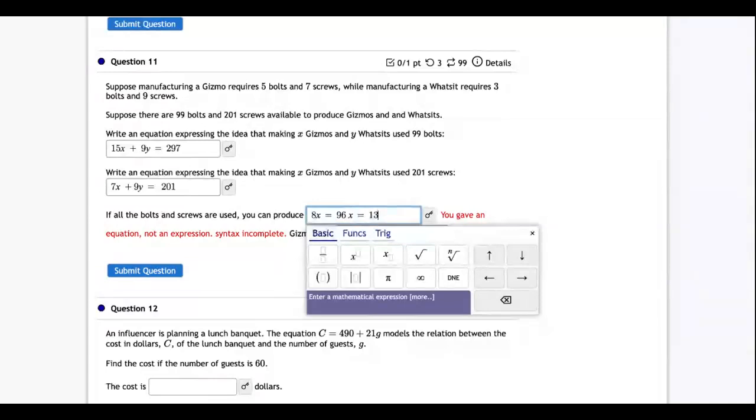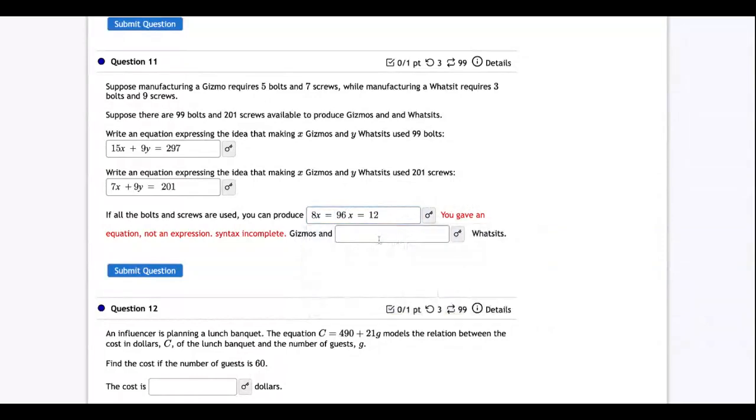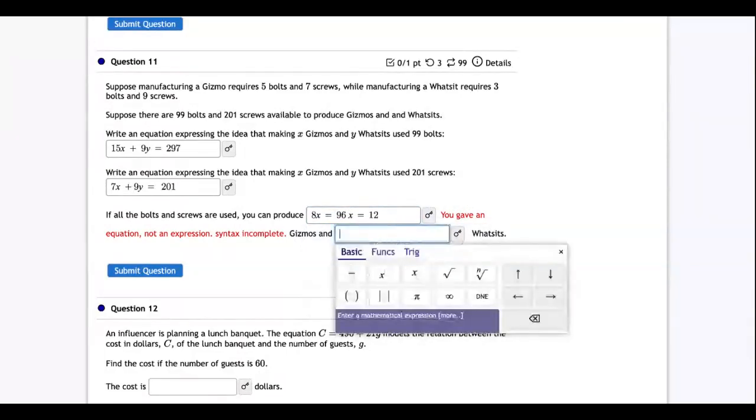Right? X equals 12. So then you solve for y. Once you get an x value, you substitute into any of the equations and solve for y, right? So 7 times 12, that's 84.